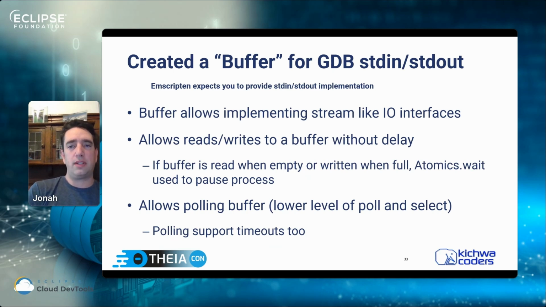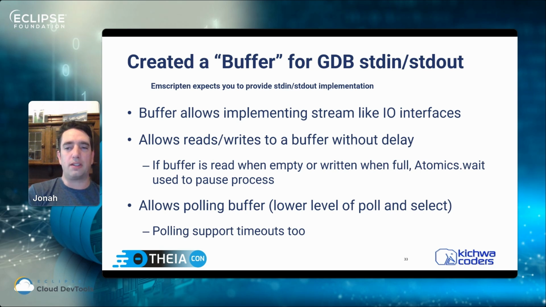On the GDB standard in, standard out side, we want to have some buffers that would allow better communication between the MI and from the debug adapter and GDB. So we focus on having a buffer that allows the reads and writes to happen without delay, as long as the buffers aren't full.